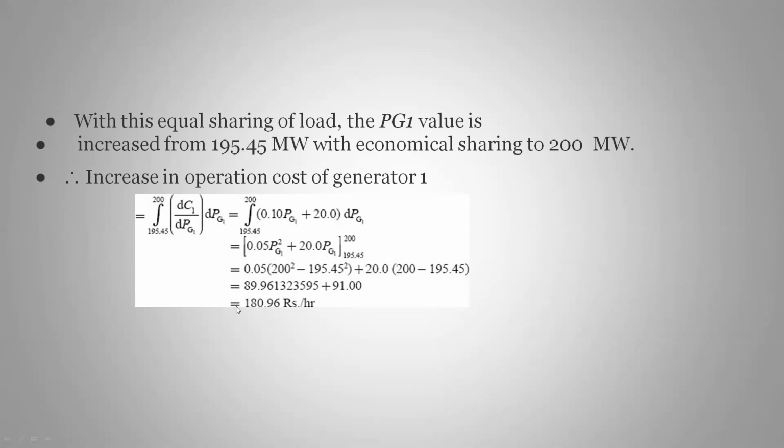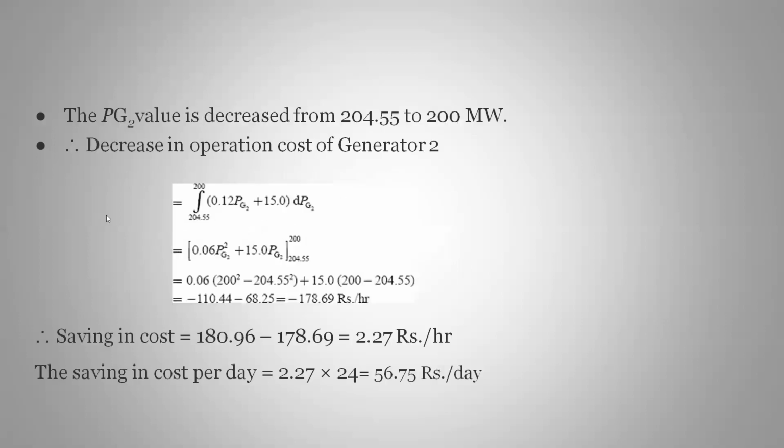180.96 rupees per hour. So what is the operation cost of generation, generator 1 increase? 180 rupees increase. Next, same in the power generation 2, value is decreased from 204.55 to 200 megawatt.